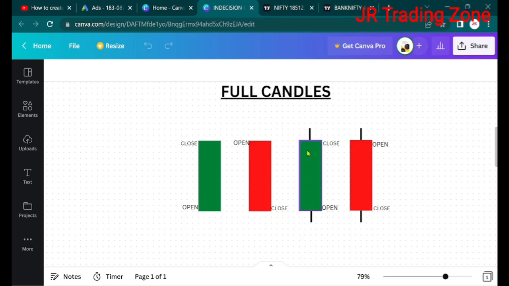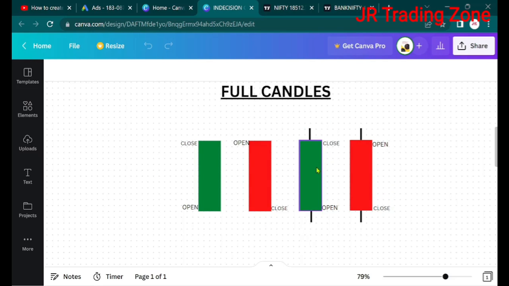It came to the upper side and closed here. This is a bearish candle having small wicks on either side. The same logic applies here. It opens here, moves slightly up, then goes down, moves up to this tail point, and closes here. Clear? These four candles are actually similar.